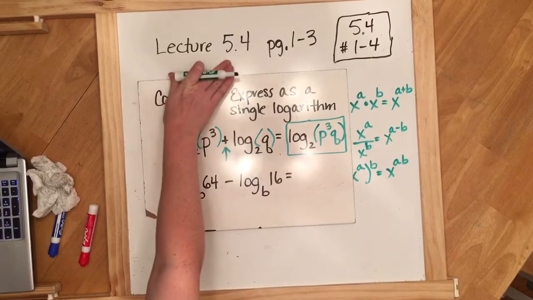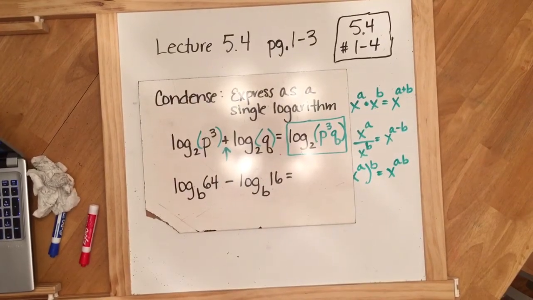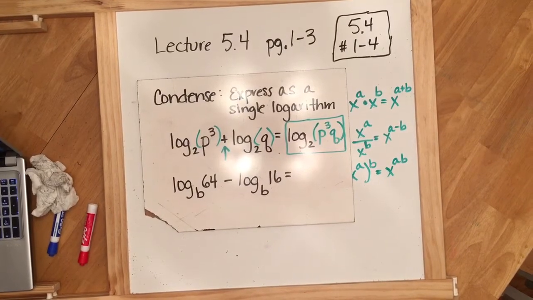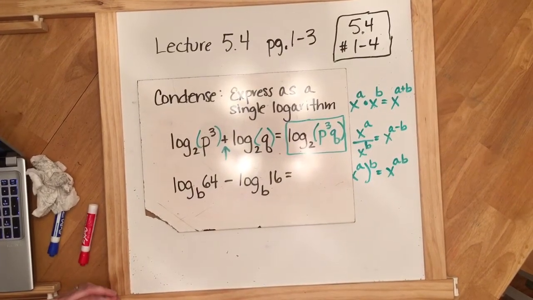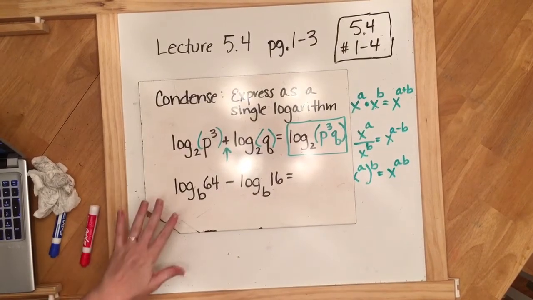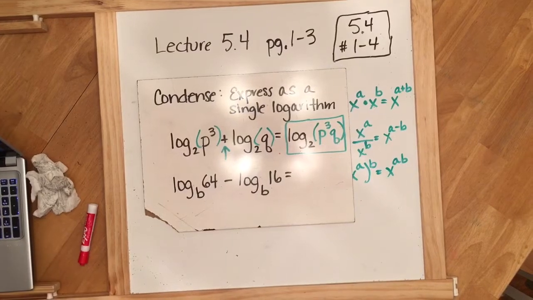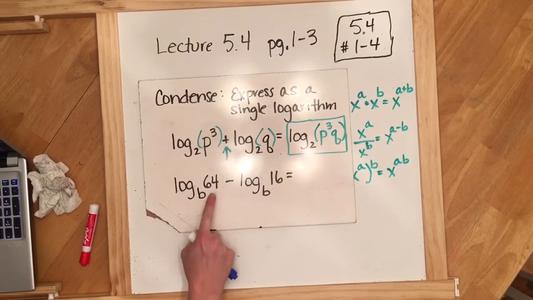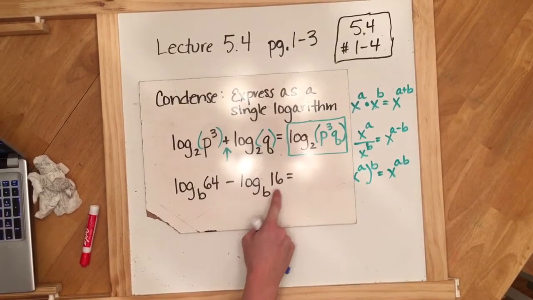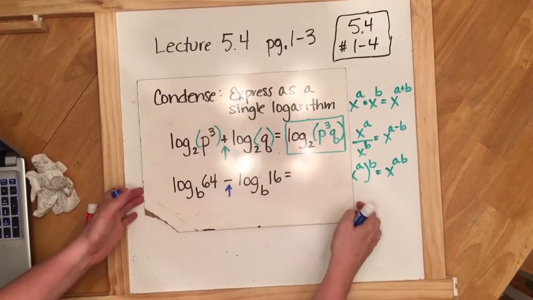Now hang with me through this lesson because we're just going to be looking at a lot of properties and how to manipulate logarithms, and it might not all totally make sense until we get to solving these things, but we need to know how to work with them first. And if we look at the second one here, log base b of 64 minus log base b of 16, we see that the operator is subtraction.